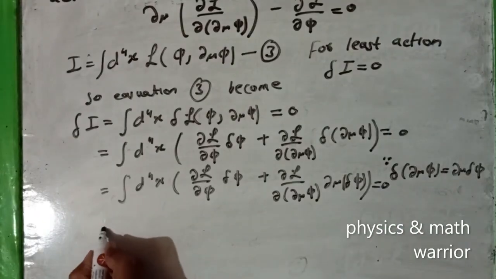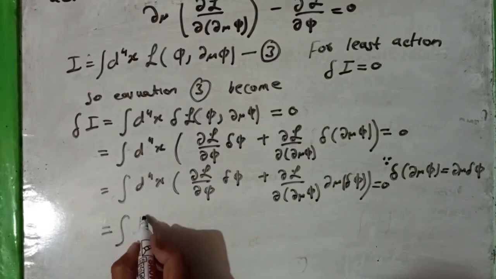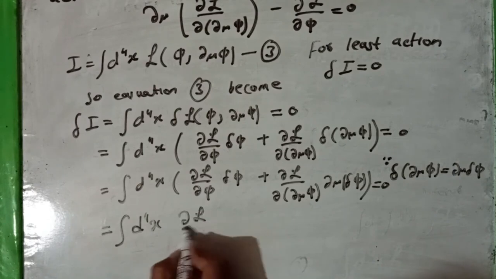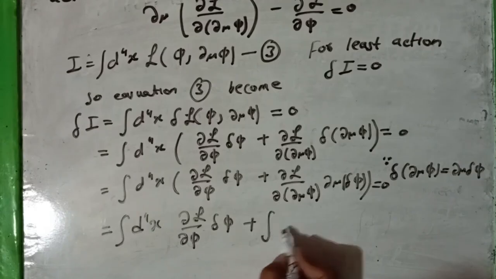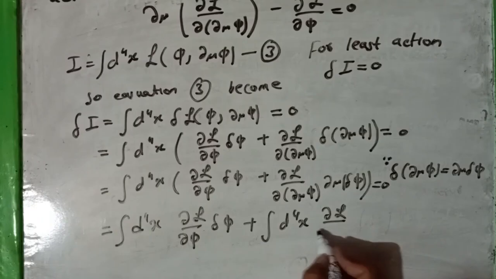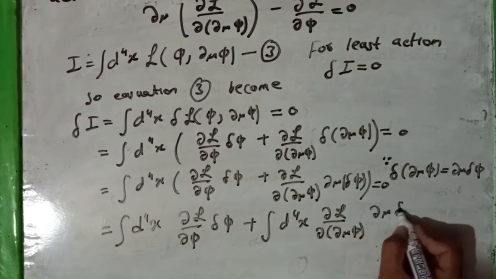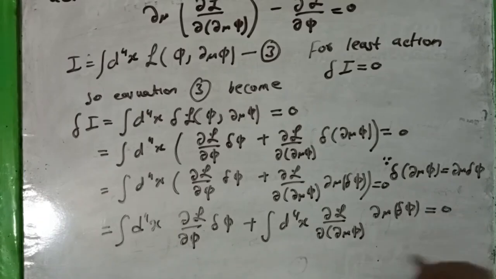This can also be written as the integral d⁴x ∂L/∂φ δφ plus the integral d⁴x ∂L/∂(∂_μ φ) ∂_μ δφ, equal to 0. This is equation number 4.